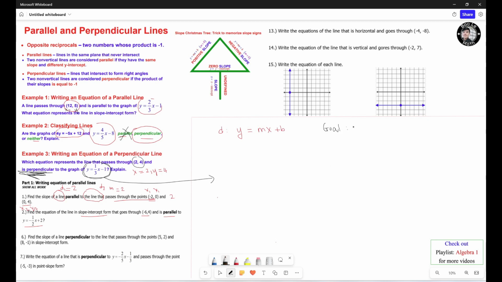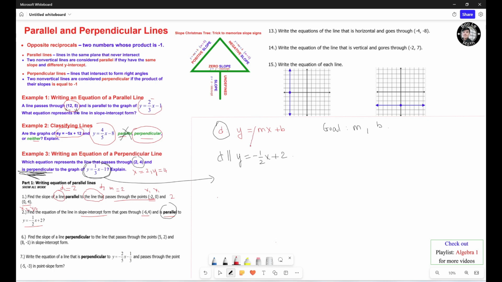You need to find slope m and then y-intercept b. Now, because the line D right here is parallel to y equals -1/2 s plus 2, right? So D right here is parallel to the line y equals -1/2 s plus 2.